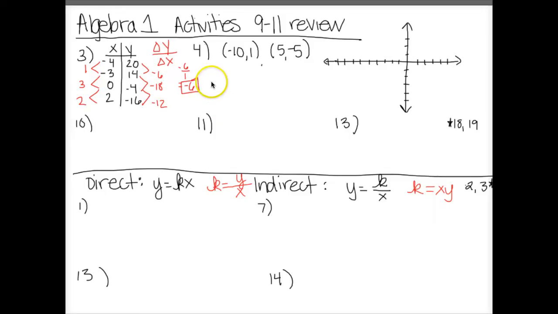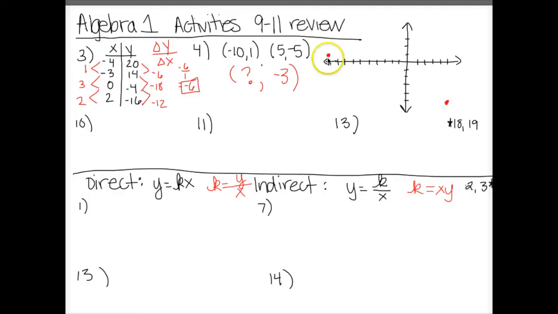Number 4 told you that these 2 points were on a line, and then it asked what the x coordinate is when y is negative 3. The first thing I did, and there are several correct ways you could do this, was graph the points that I had. 1 is right here, and negative 5 is way down here.